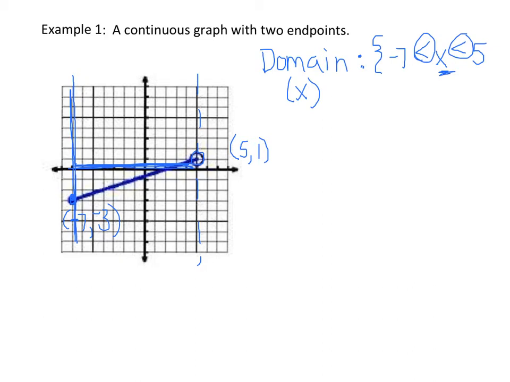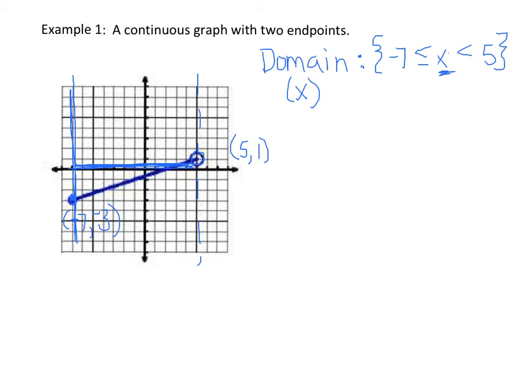At negative 7, that x value is included, so let's make that a less than or equal to. On the 5, that is not included, so that's just a less than. Then we close it with the curly bracket.